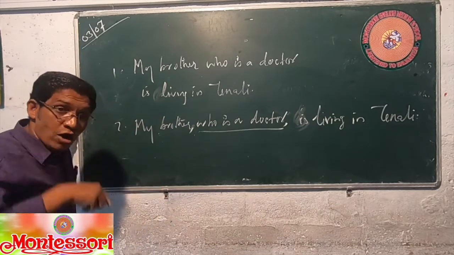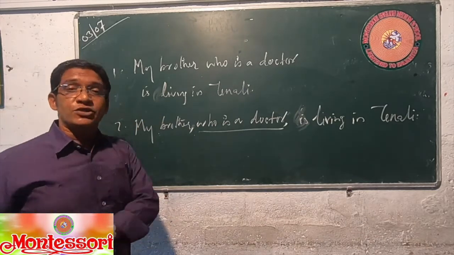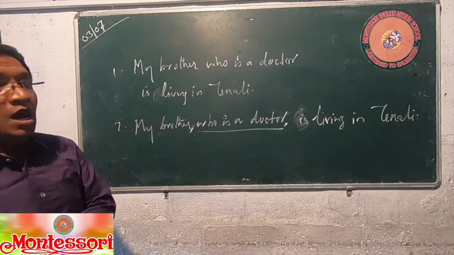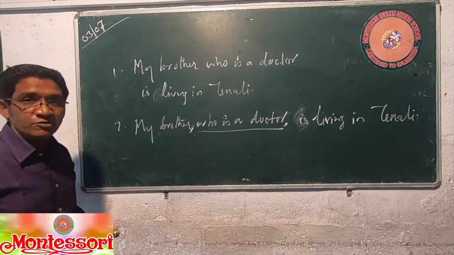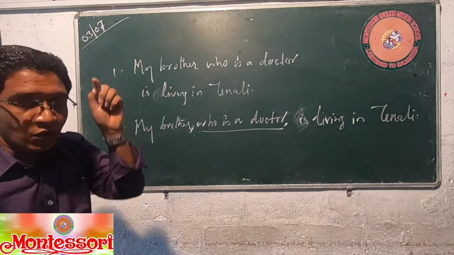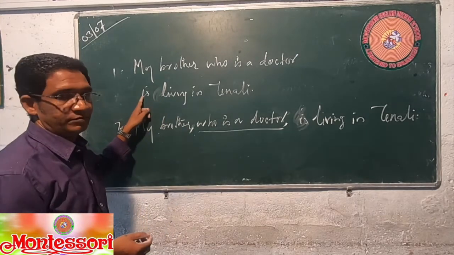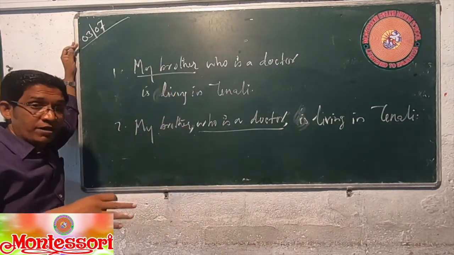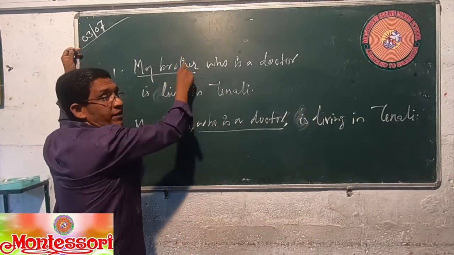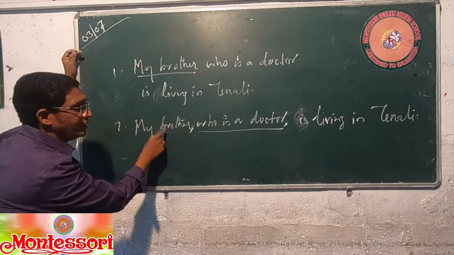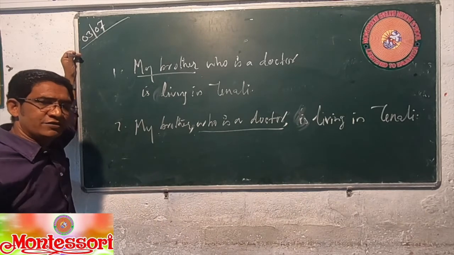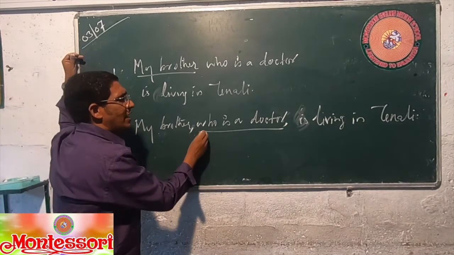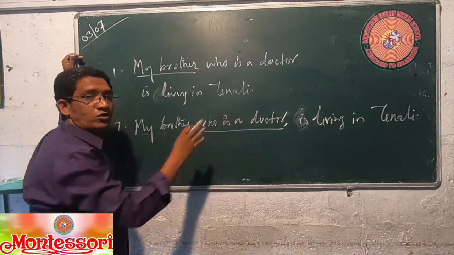My brother who is a doctor means I have a brother who is not a doctor, a farmer maybe. I have a brother who is a businessman. But my brother who is particularly a doctor. Here I am defining, among my so many brothers, that particular brother who is a doctor. Whereas here I have only one brother. He lives in Tenali. I am just telling you the additional information about that brother, that he is a doctor.